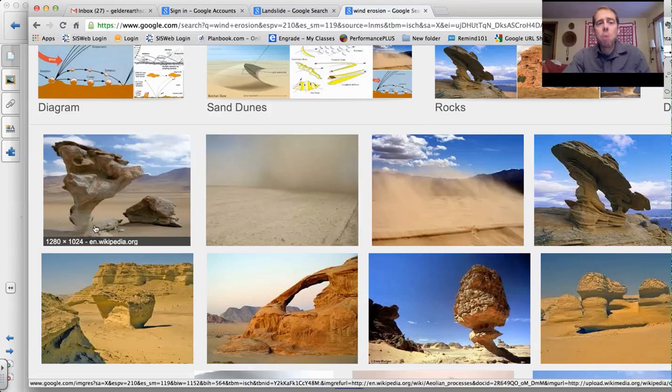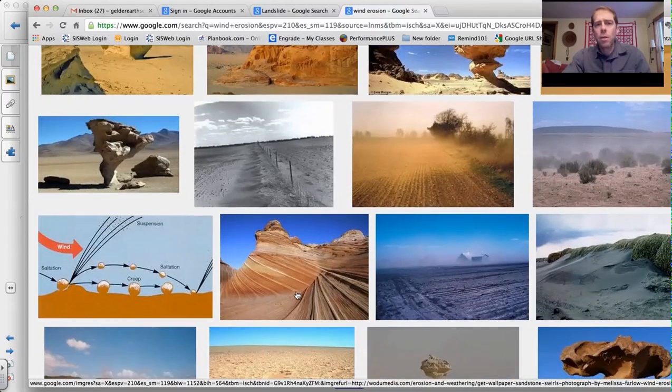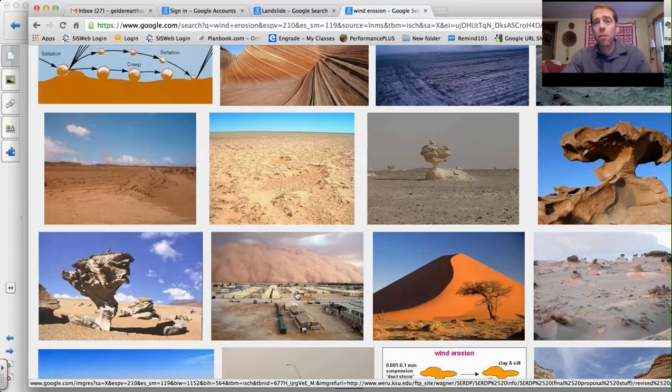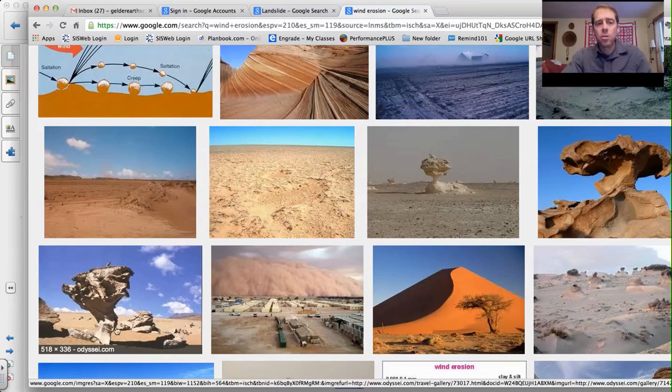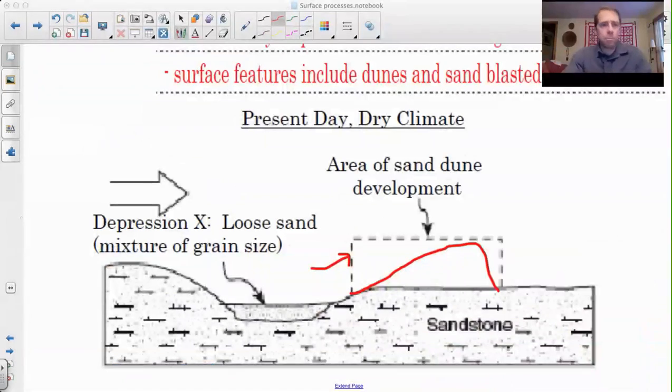So you're going to have the most erosion and most weathering because of that abrasion down at the surface. So you get these very odd shapes formed out in the west. And they actually have to protect their telephone poles, because this happens to telephone poles and it sands away at the bottom of the pole, and then the telephone pole falls over. So that's wind erosion.